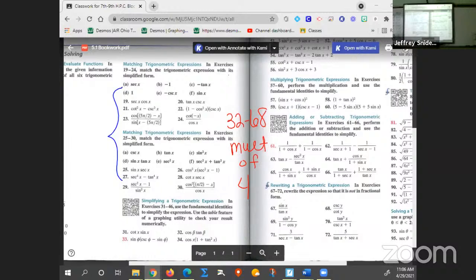And bookwork 5-1, 19 through 30 all, 32 through 68 multiples of 4.